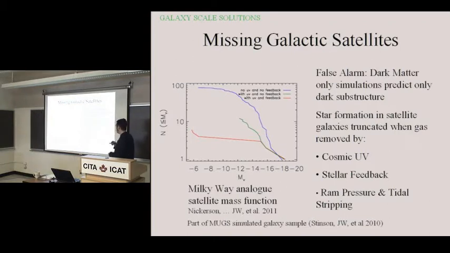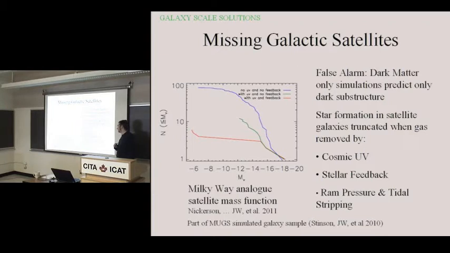So you start with satellites up here. This is satellites detected through their star content, so the simulated satellites. When you have no UV and no feedback, you get a relatively large number of them. But once you turn on UV, you can get rid of most of the smaller ones without difficulty. And when you have feedback, you can get rid of some of the intermediate sized satellites as well.